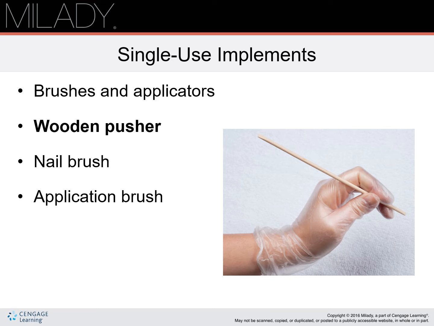Product application brush. These are used to apply nail oils, nail polish, or nail treatments to the client's nails. Anything wooden is going to be porous, and that's all the way around. That definitely is a single-use implement. Now, if you have a client you're using these implements on, and they would like to take these implements with them, that is fine, but you cannot use them on anybody else.